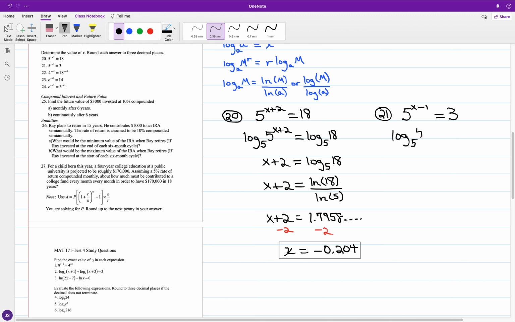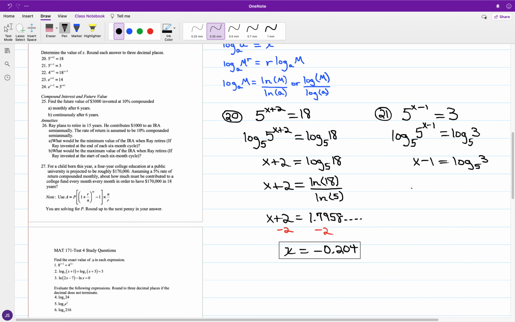So you have the base 5 logarithm of 5 to the x minus 1 is equal to the base 5 logarithm of 3. On the left I have x minus 1 is equal to the base 5 logarithm of 3.